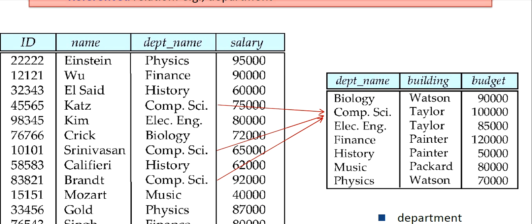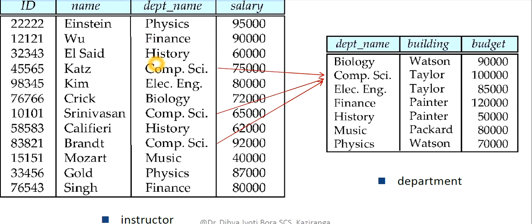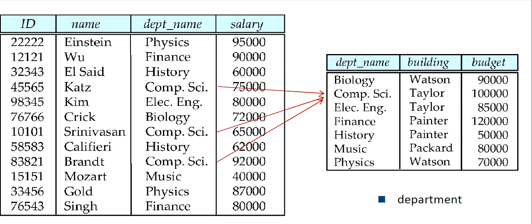Now, look at these two tables. The first one is our instructor table, where we have ID, name, department name, and salary. The second one is our department table, where we have department name, building, and budget. You will find one attribute appearing in both tables, and that is department name.